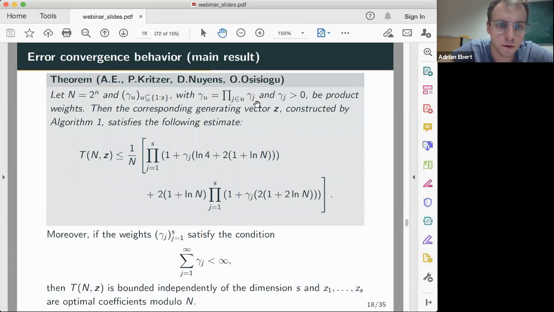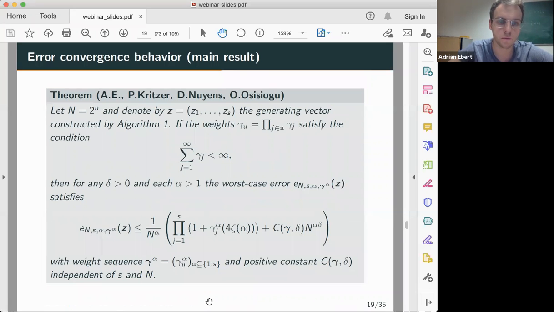So the weight sequence gamma is given by a sequence of gamma j. Now the additional statement is, if the weight satisfies this summability condition here, then the bound is actually independent of the dimension s, and we also get that the components of the generating vector are optimal coefficients modulo n.